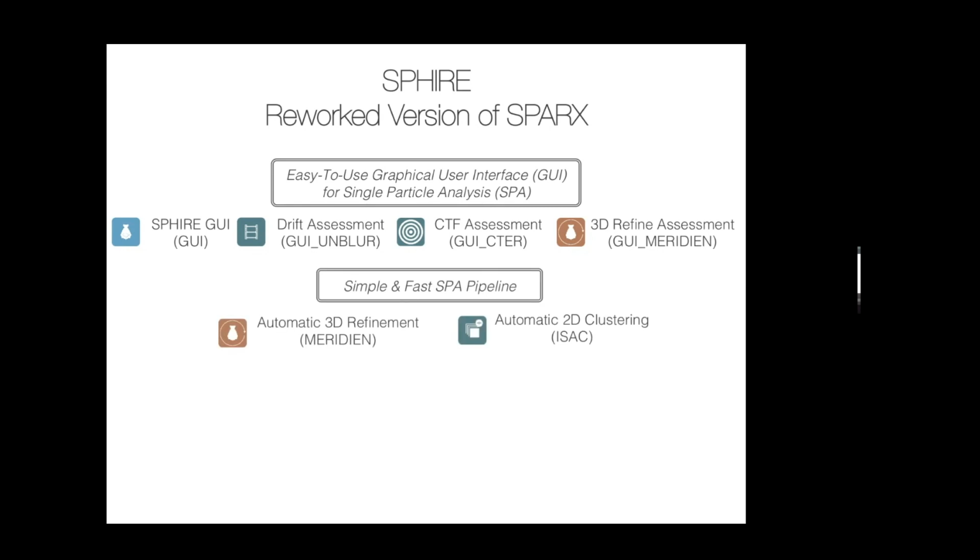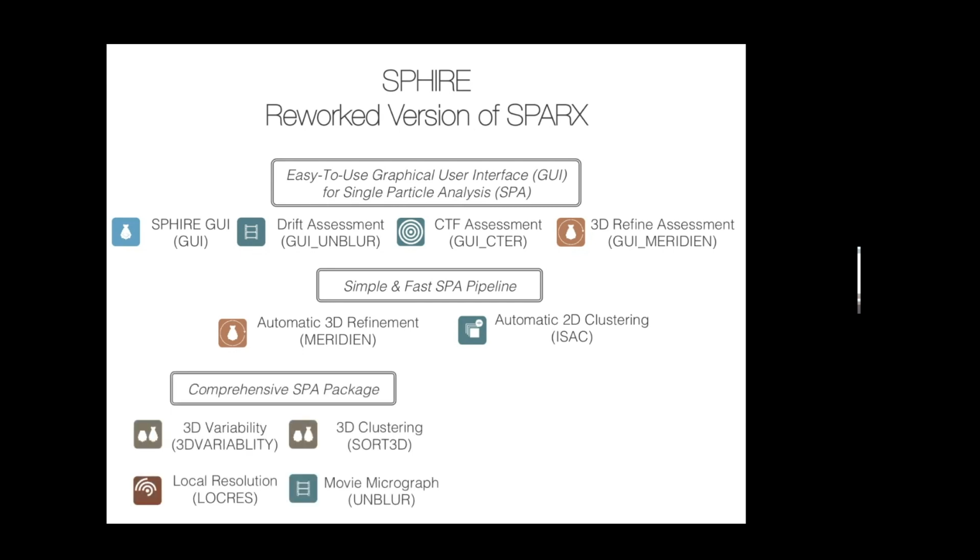Next, we simplify the SPA pipeline by automating the major steps, such as 3D refinement and 2D clustering. To keep our package comprehensive, we also added new algorithms to catch up with the technological advancements of our field, including the support for Volta phase plate datasets.